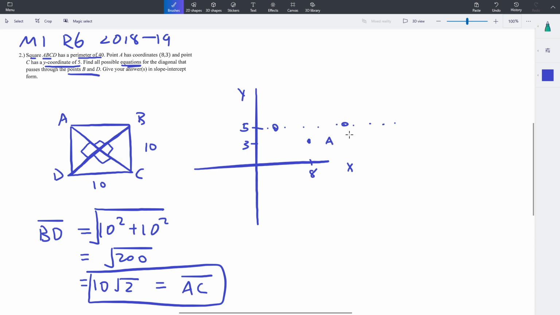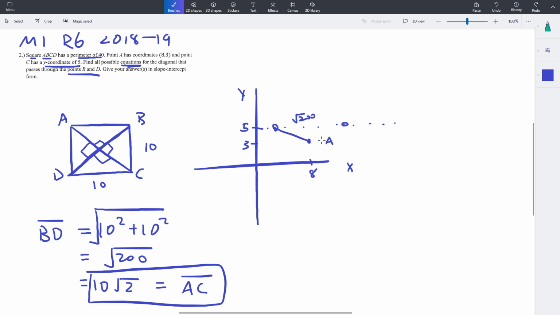Now, how much is it going to be left and right by? So what's the x movement factor there? We don't really know. But what we do know is the distance is going to be square root of 200 for both.